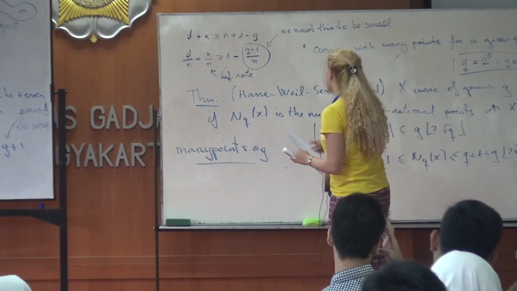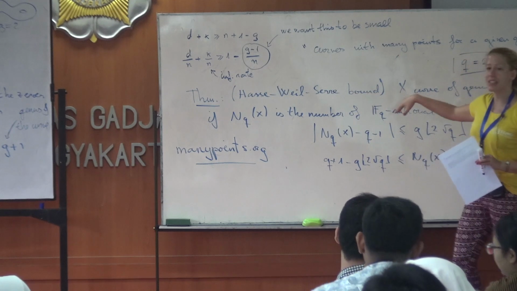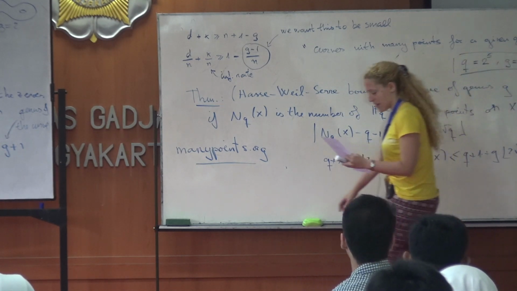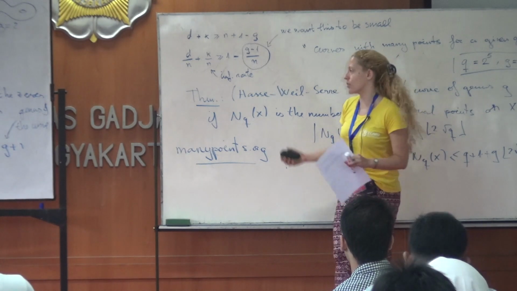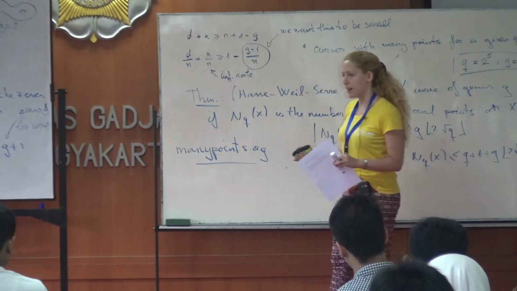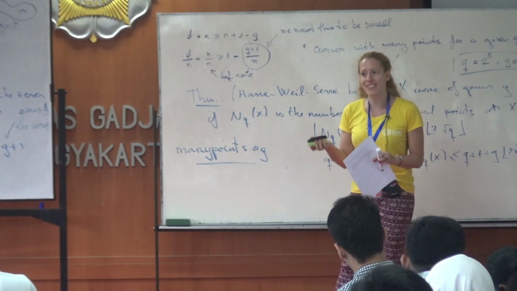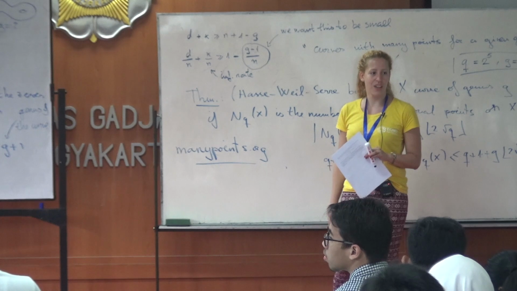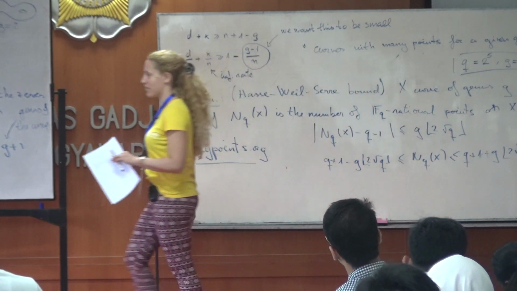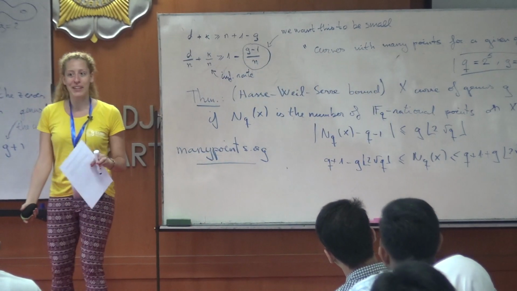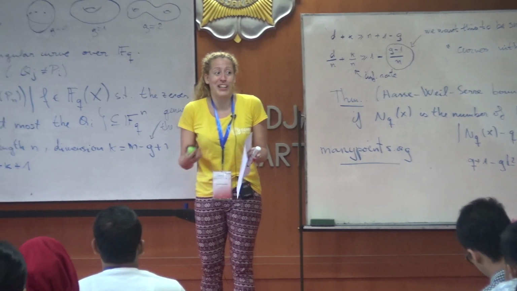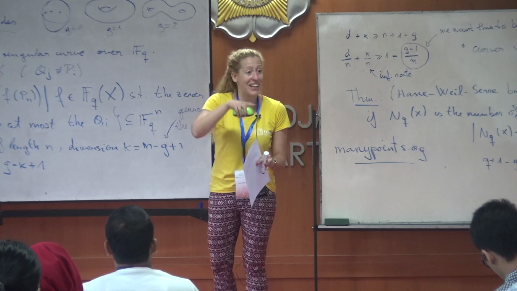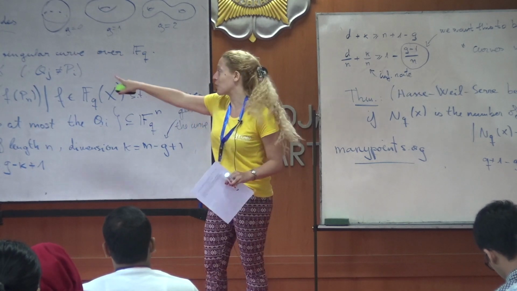So, what else? And the funny thing, because I said that this is important in order to construct good codes, now I'm just going to state a definition of what is a good code for this, and a theorem that says that there actually exist good codes constructed in this way. So it's worth it to try to find these things. Of course, with this theorem you don't get an explicit construction. It's just an existence theorem that tells you there exist good codes that you can construct like this.